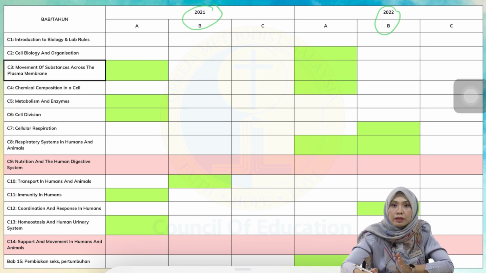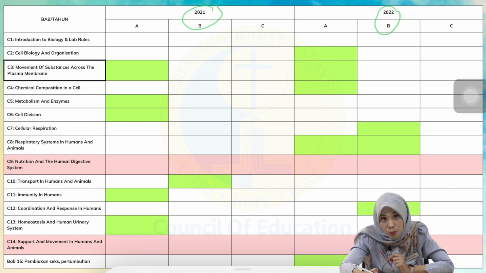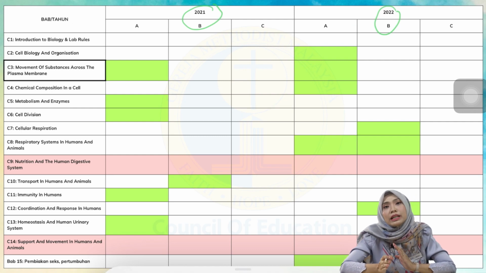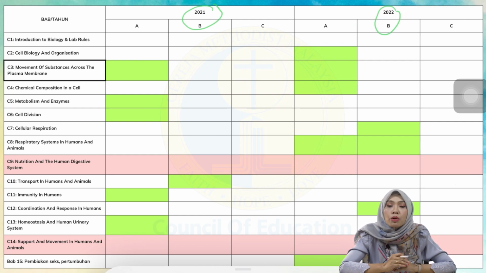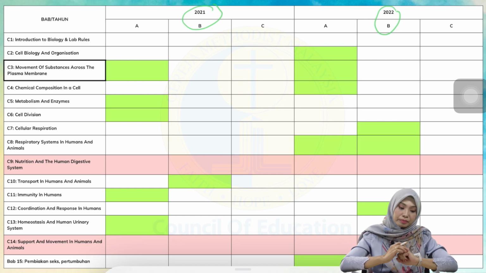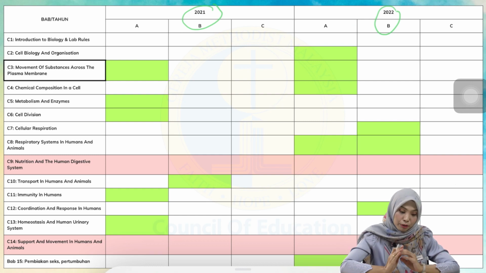Before 2021, you were learning the KBSM syllabus. So we can only do our analysis based on the latest SPM format, starting from the year 2021. Let's proceed without further ado.